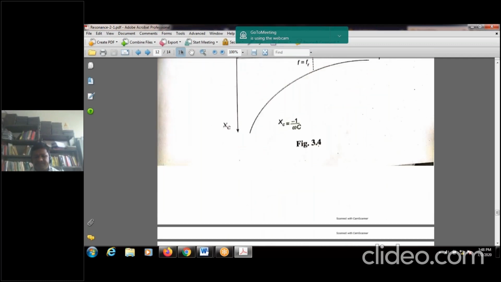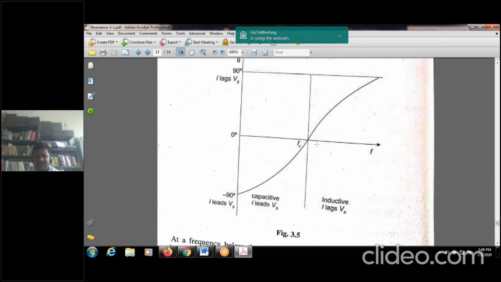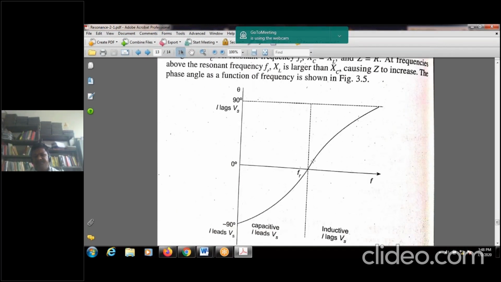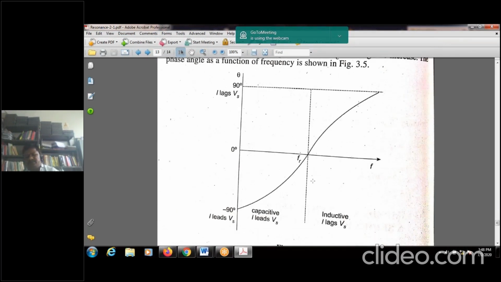And coming to this curve, this curve simply says that FR is the resonant frequency. For F less than FR, capacitive domination: capacitive current leads voltage.